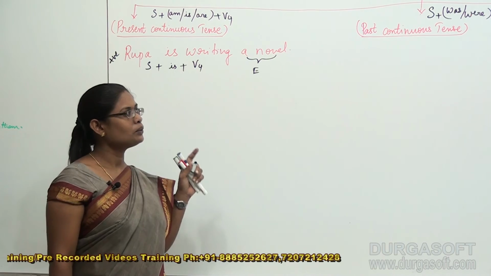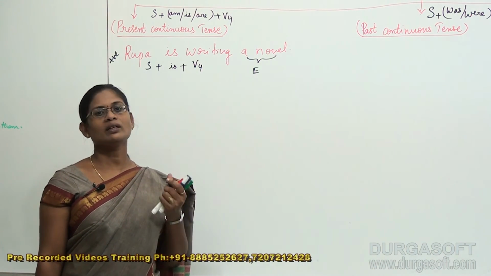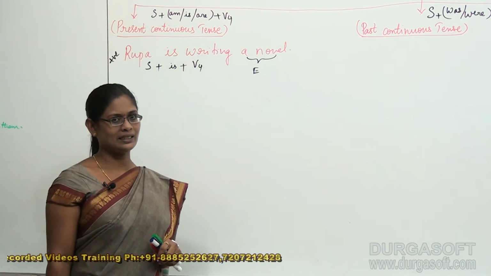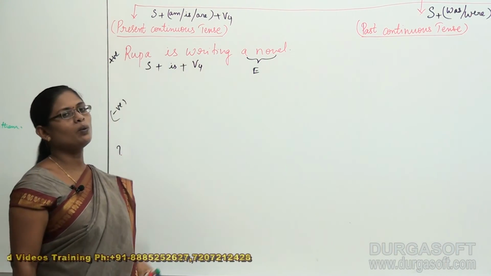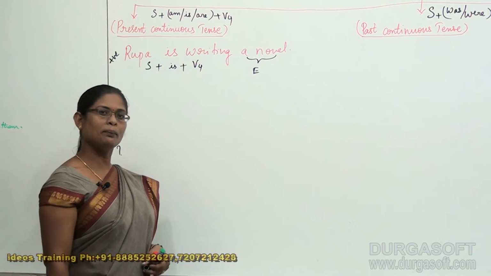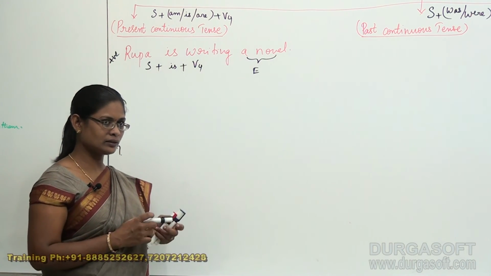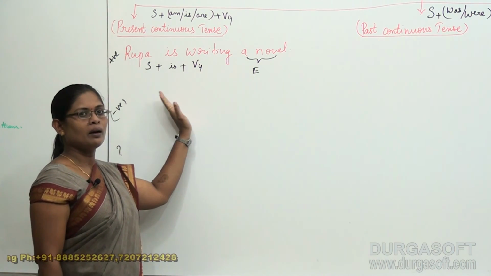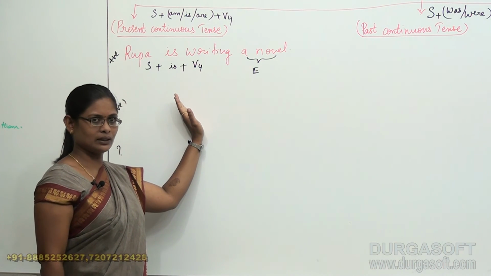So now we are going to frame the positive, negative and questioning sentences with the given continuous tenses. Now see, Rupa is writing a novel is actually a positive sentence. Why do you think it is a positive sentence? Because it exhibits a positive sense of the statement. So it is a positive sentence.